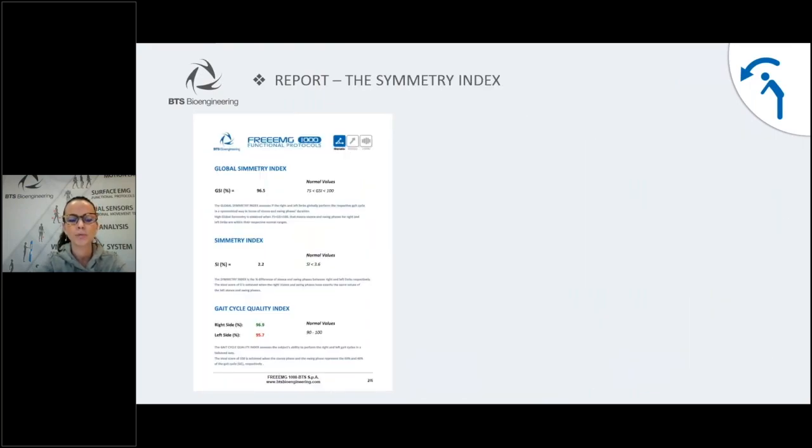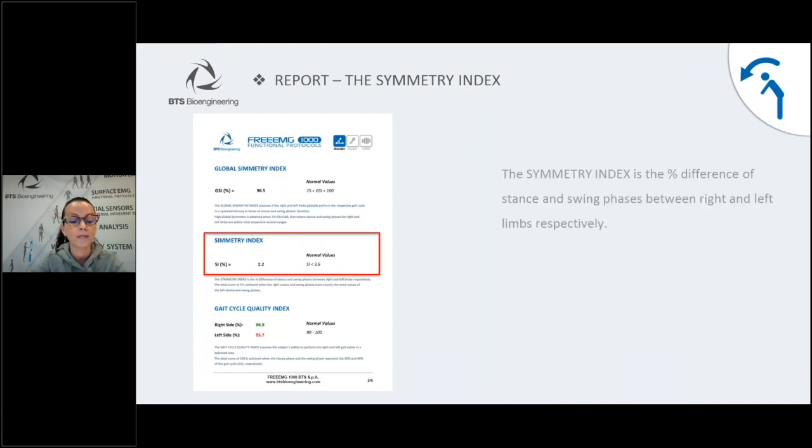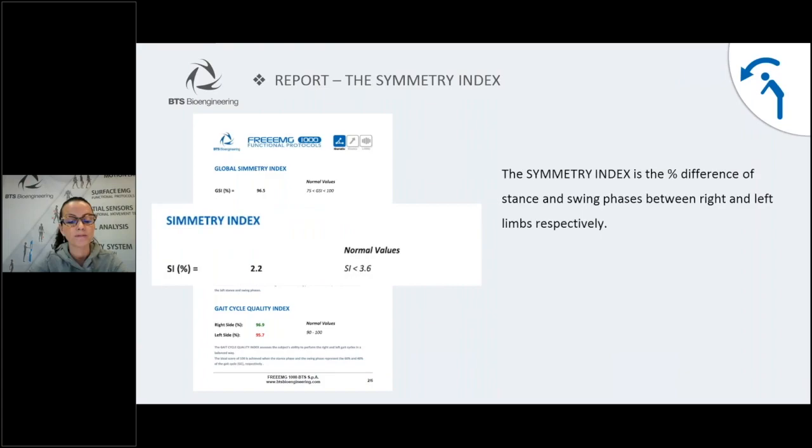The first page shows the symmetry and quality indexes of the gait cycle. As you can see, there is the symmetry index and the global symmetry index. The first index on which we must focus attention is the symmetry index, which is nothing more than simply the difference between the value expressed in terms of percentage of the stance phase of the right limb and that of the left limb.